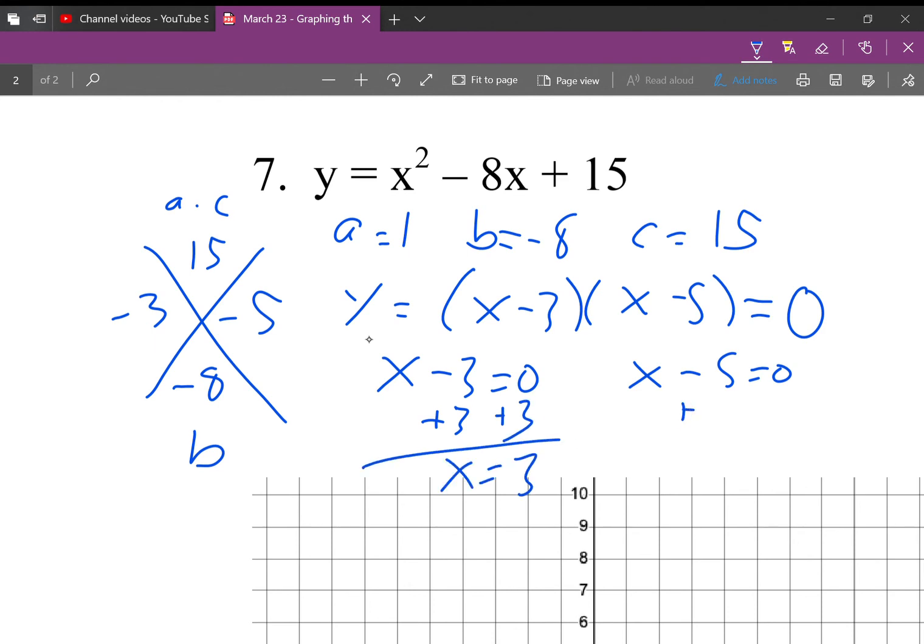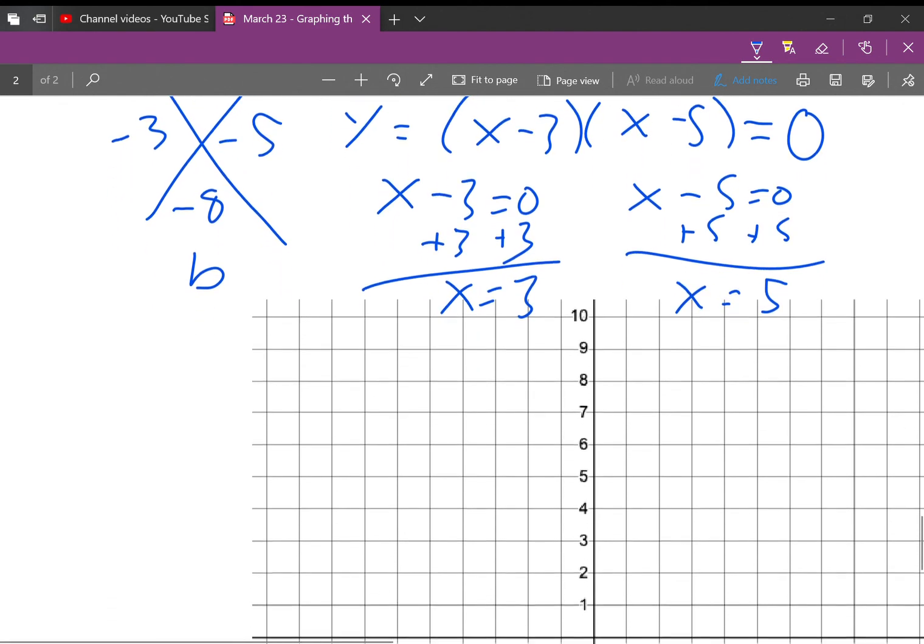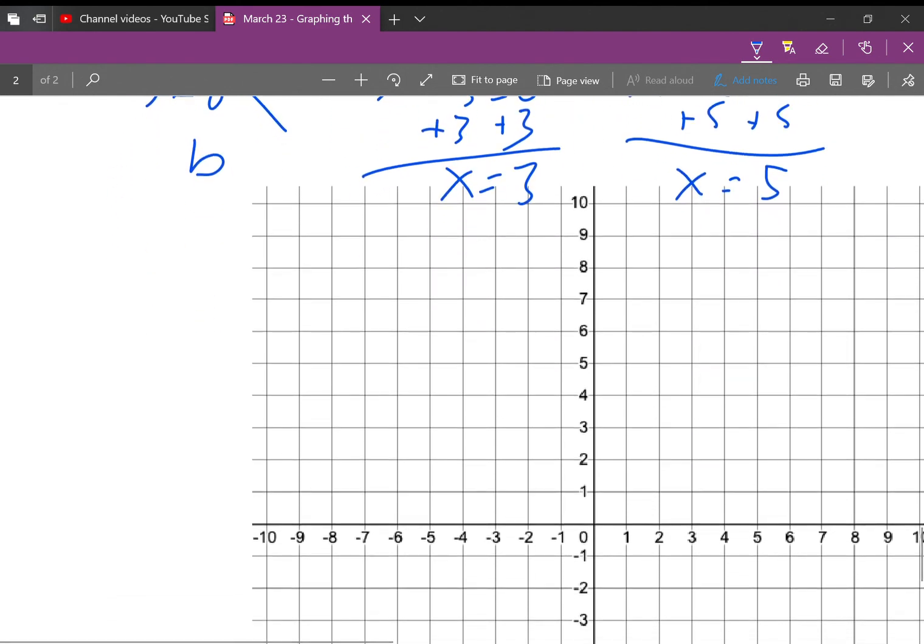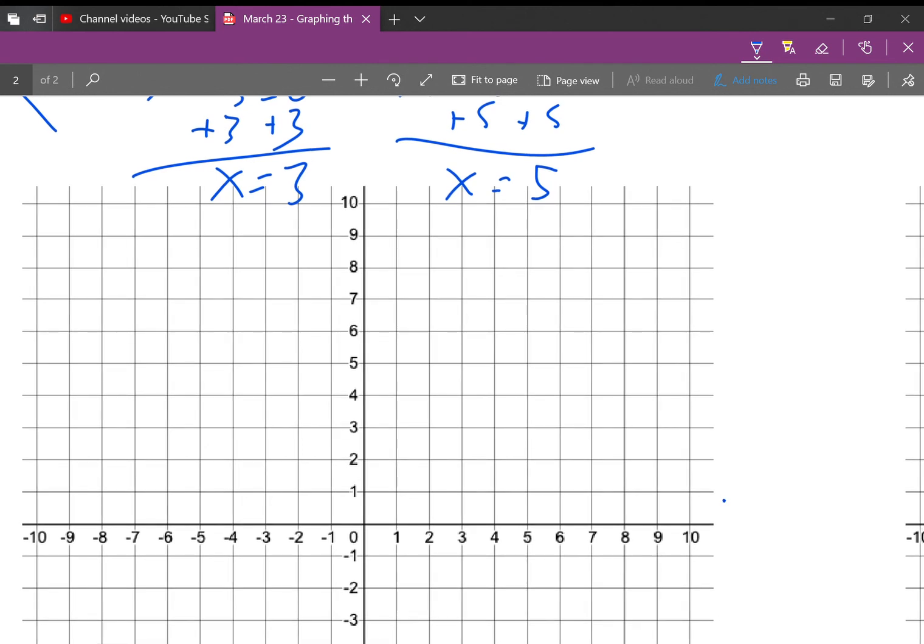I'll add 5 over here. x equals 5 would be the other x value. So those are my x values. I'm then going to plot them on the x-axis. And what are they? They are positive 3 and positive 5.